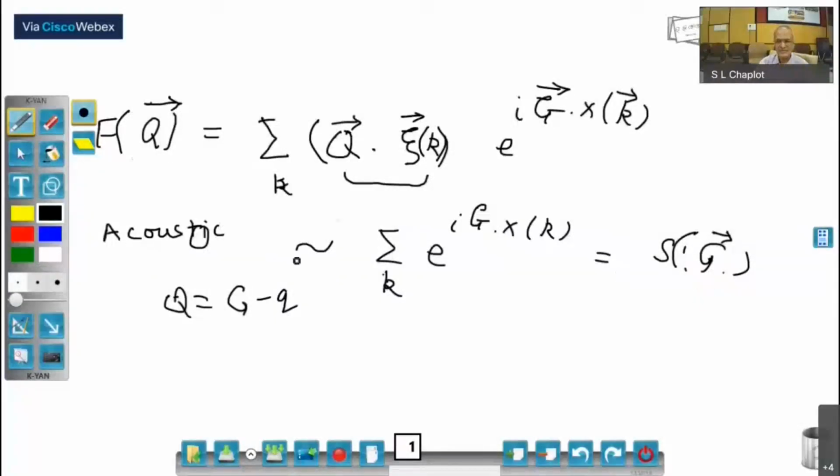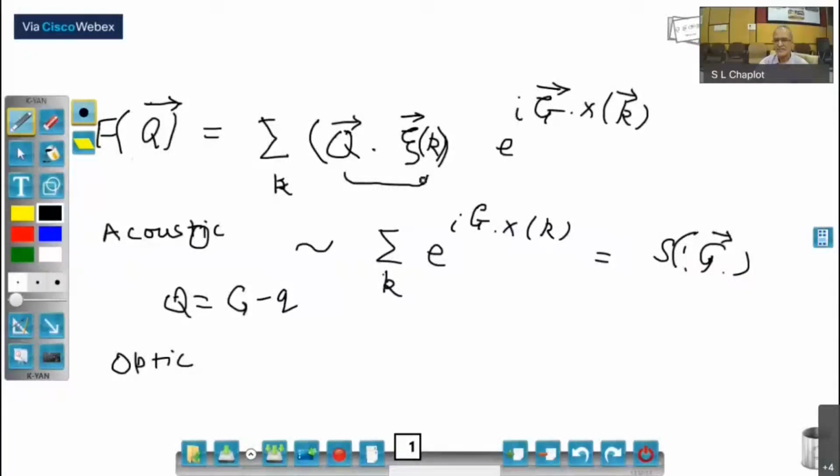These are general thumb rules. However, for optic modes, the vibrations of atoms inside the unit cell can be out of phase with respect to each other. Which means depending on the K, for some K it may be positive, for another K it may be negative.